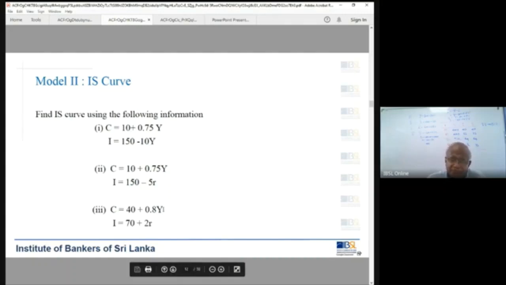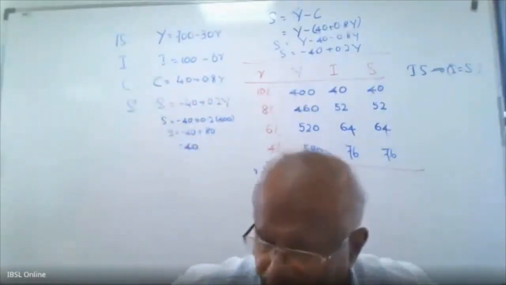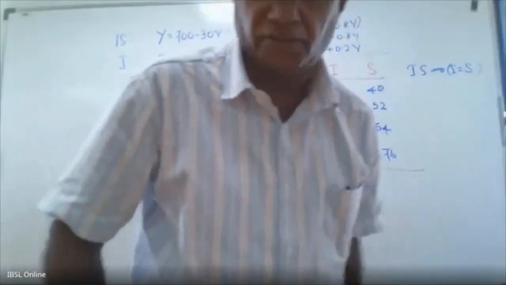First model, yes. For the second and third countries, I want you to derive the IS curve separately. First, I'll calculate this first model. C equals 10 plus 0.75Y, I equals 150 minus 10R. Now let's calculate the IS curve.